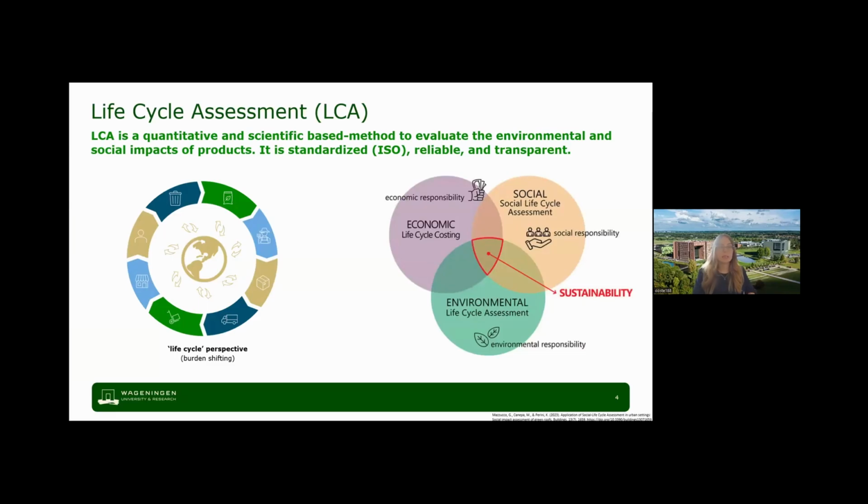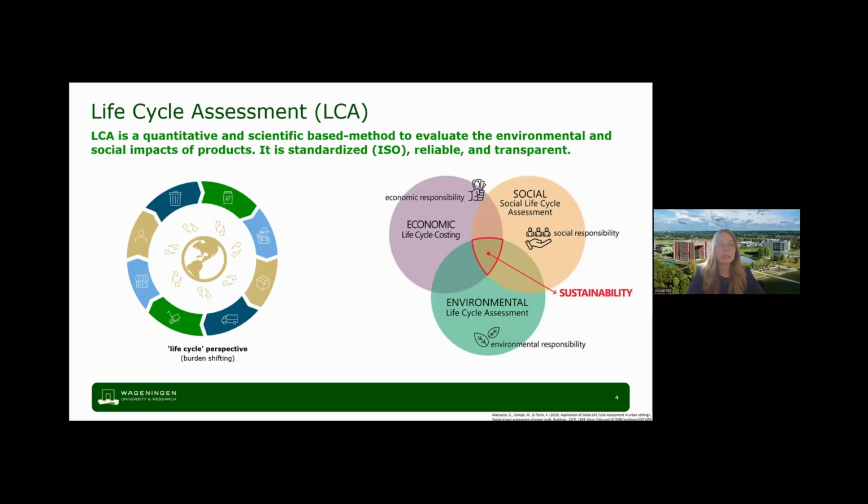So life cycle assessment is a method to quantify impacts. And we use it in this project to quantify the impact of food products, agricultural products, along the life cycle. So that's why it's called life cycle assessment. So you identify all the stages a product goes through.